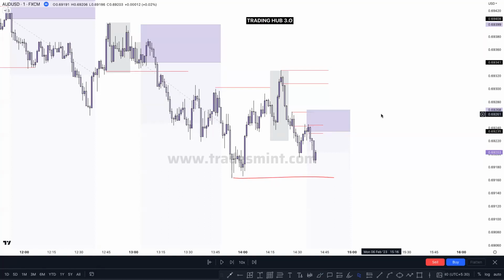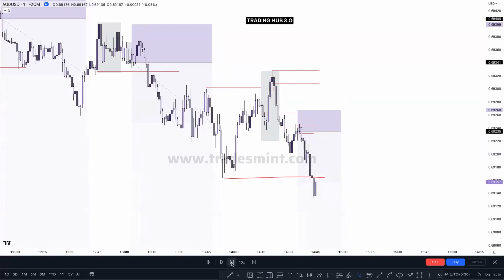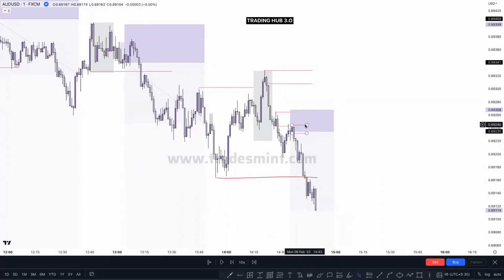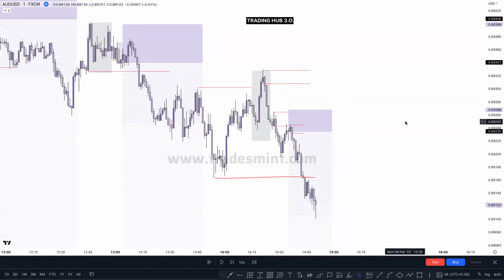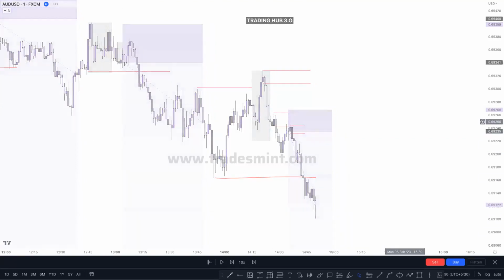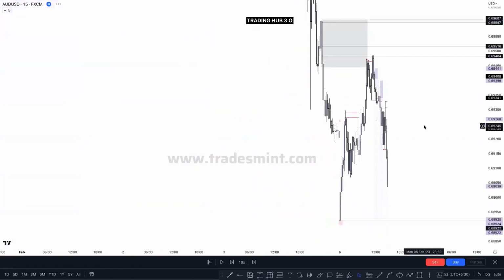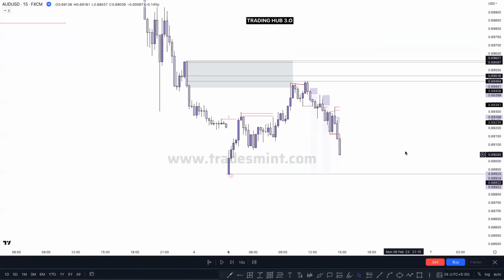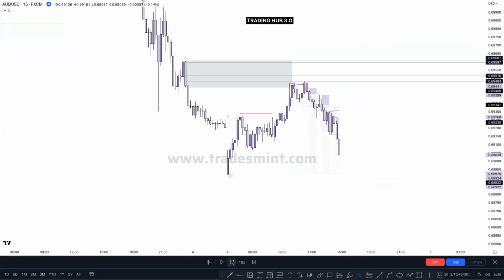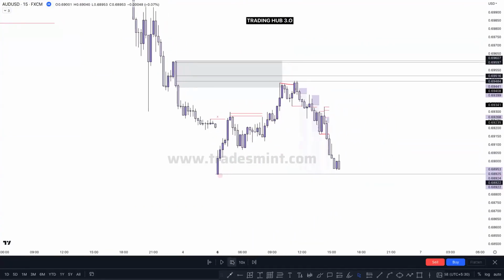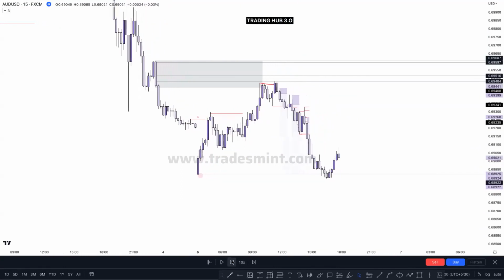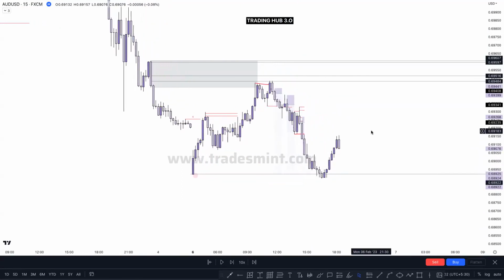Okay, so let's see what is happening here. Okay, no mitigation. Now again, you have to switch here to a 15-minute time frame to check the previous candle, if everything is fine or not. Okay, right, it broke this low and all targets achieved here.